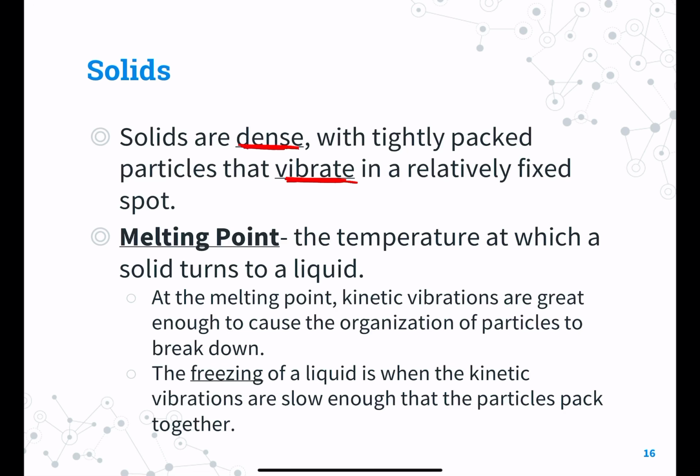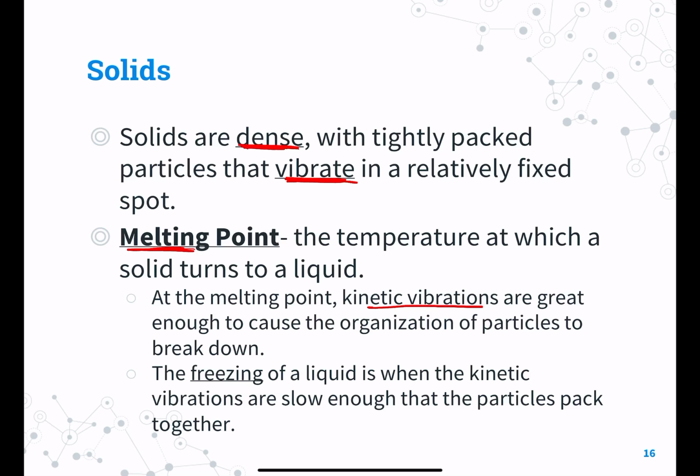Okay? Melting point. You should be very familiar with melting point, the temperature at which a solid turns to a liquid. So at the melting point, the vibrations are strong enough to cause the particles to break down. As you continue to heat a solid, remember, if you're increasing temperature, you're increasing kinetic energy. And so those molecules are starting to vibrate faster and faster and stronger and stronger.